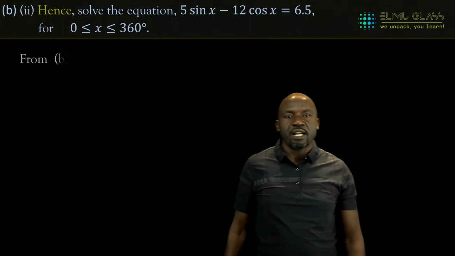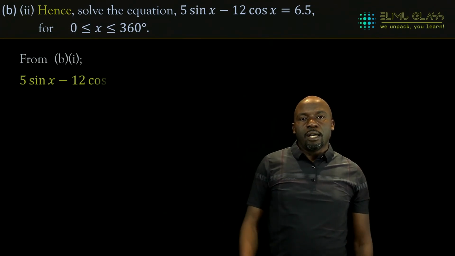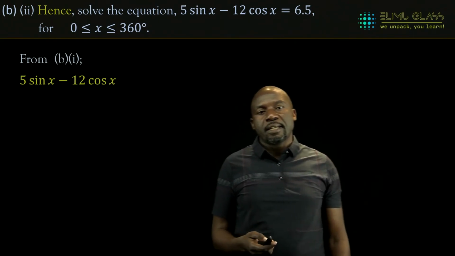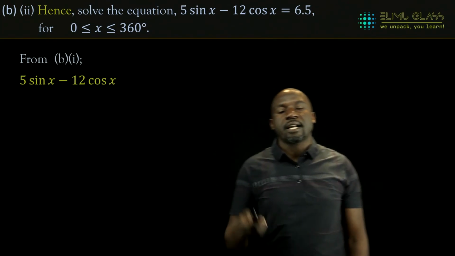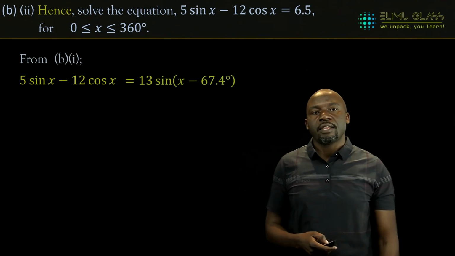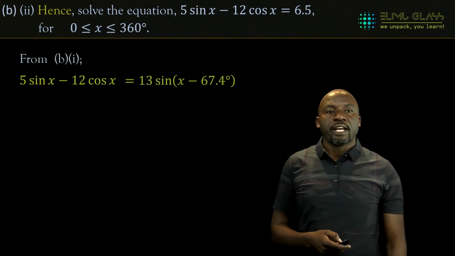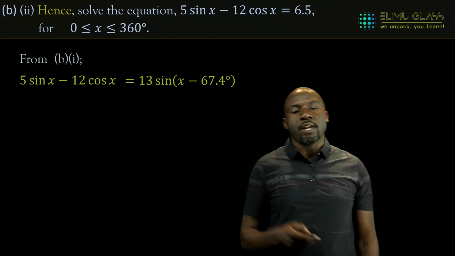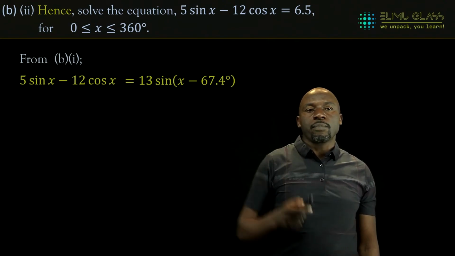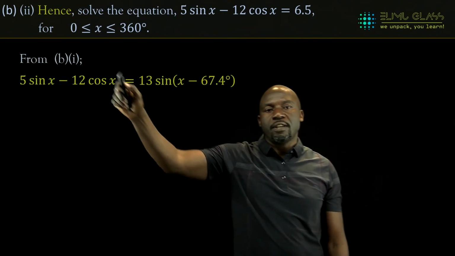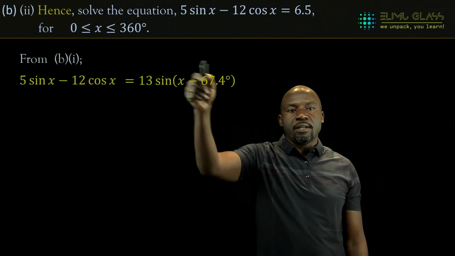From the previous part, we have found that 5 sine x minus 12 cosine x can be expressed as 13 sine of (x minus 67.4). So in place of this expression, we can use this.